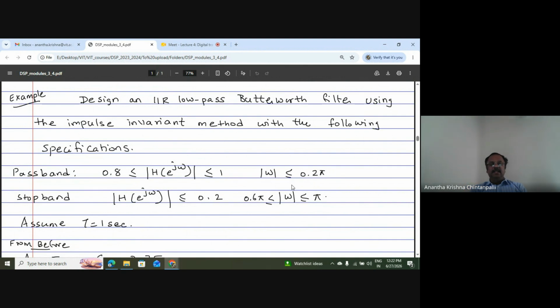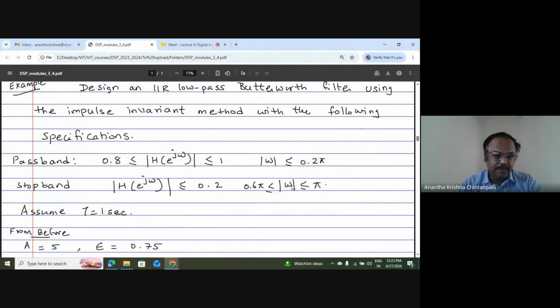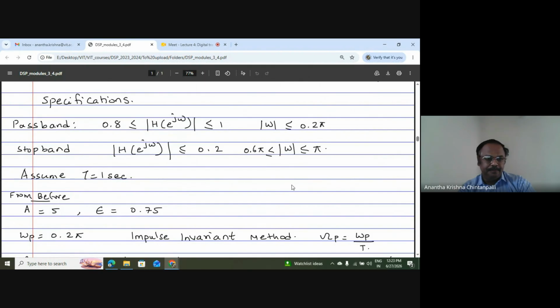Now I'm going to take the same example, but instead of a bilinear transformation, I'm going to use the impulse invariance method. So question number 2 is: design an IIR low pass Butterworth filter using the impulse invariance method with the following specification. The specification is the same, the only difference is that it's an impulse invariance approach. As before, assume T is 1, A is 5 and epsilon is 0.75.